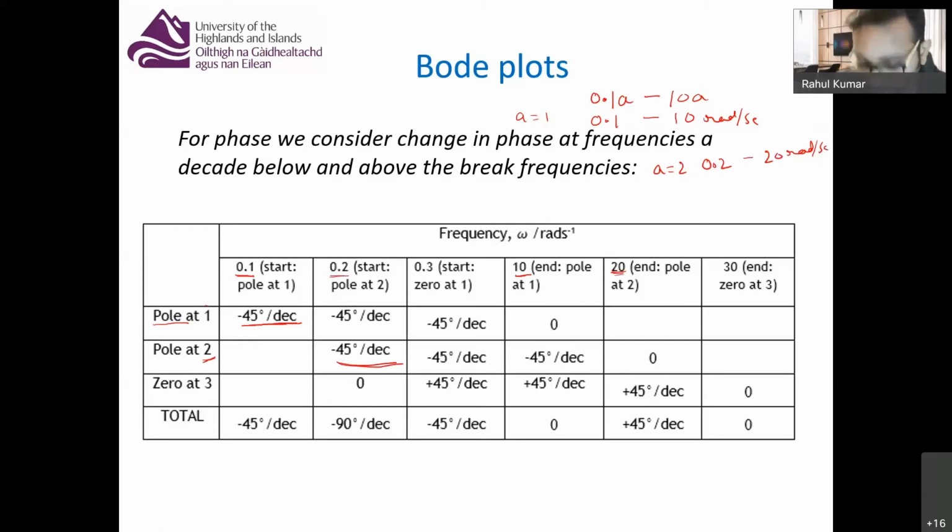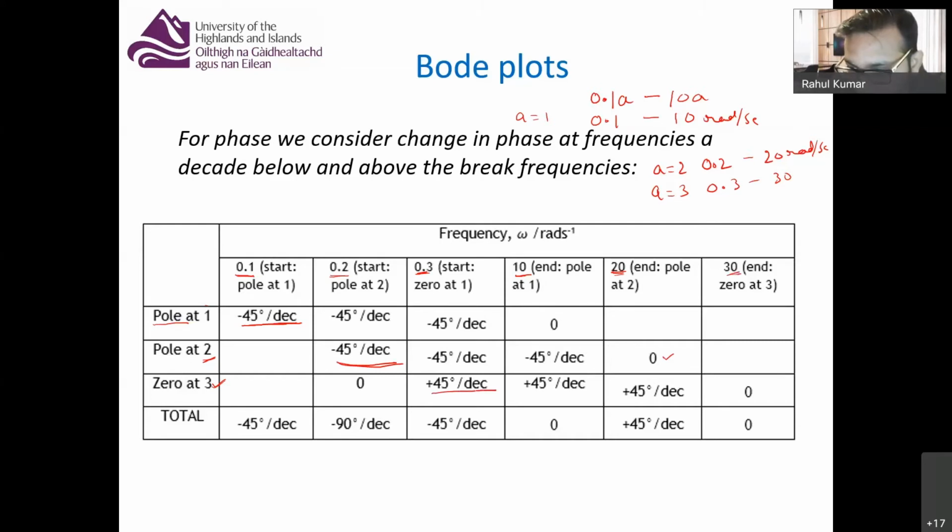So at or after 20 radians per second, the effect of the second pole, the pole at 2, will be 0. And you have a zero at 3. The effect of this will start from 0.3 and go all the way up to 30.